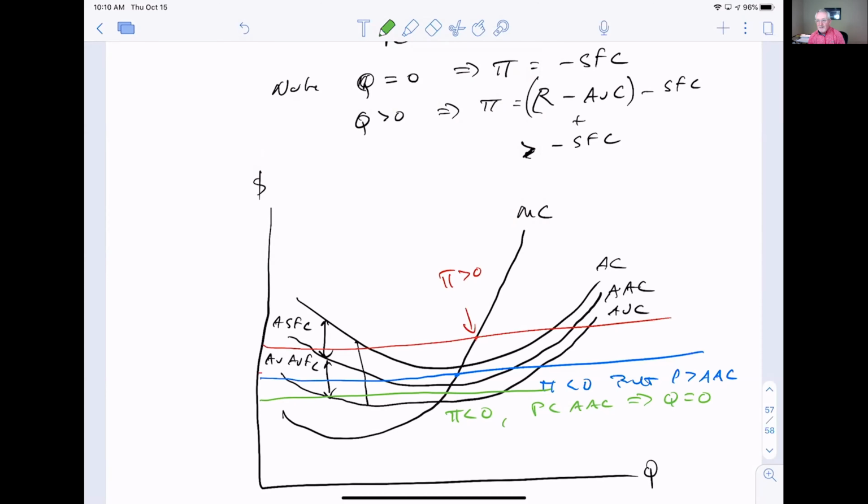So in both the red and the blue, the firm chooses to operate. The red is earning positive profits; the blue is earning negative profits, but greater than negative sunk fixed costs. And anything below the minimum point on the average avoidable cost curve becomes the shutdown area.